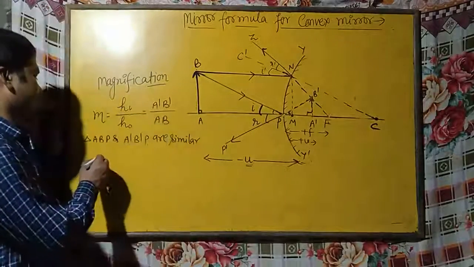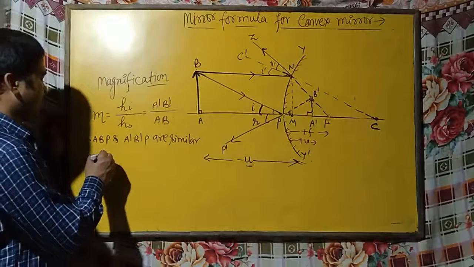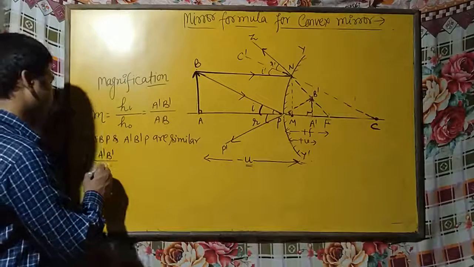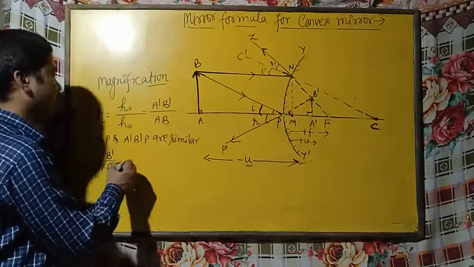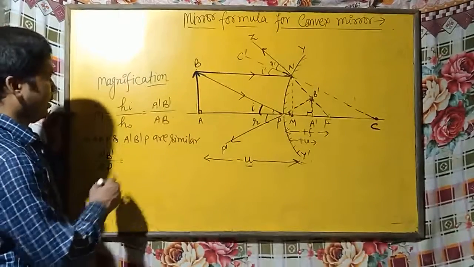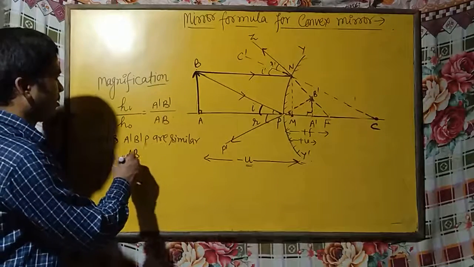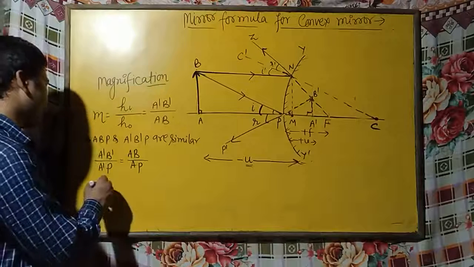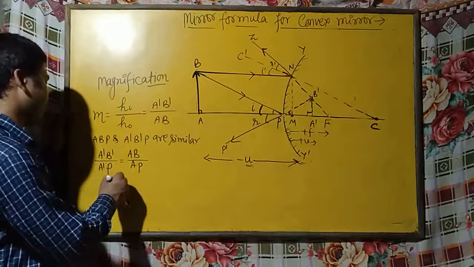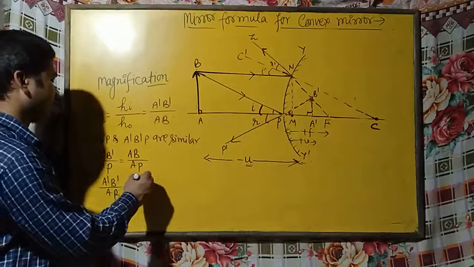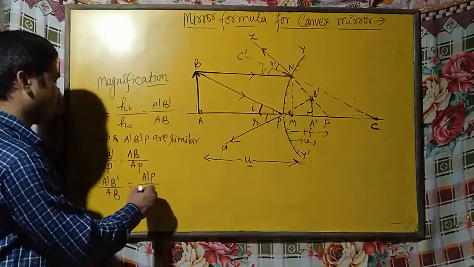So you can write here a dash b dash upon a dash p is equal to AB upon AP. So now you can write a dash b dash upon AB is equal to a dash p upon AP.